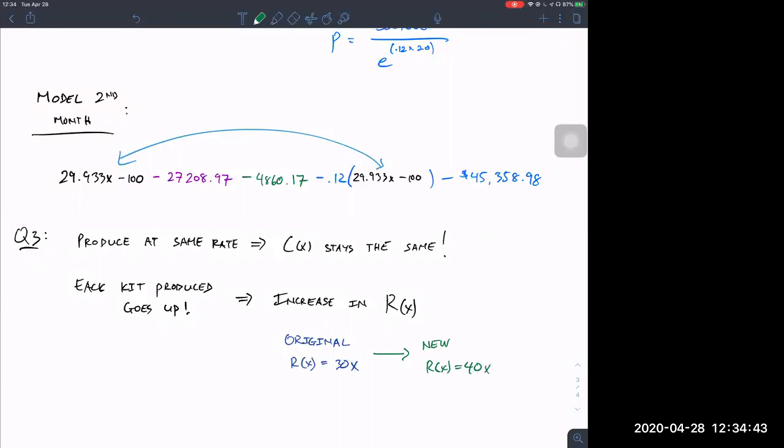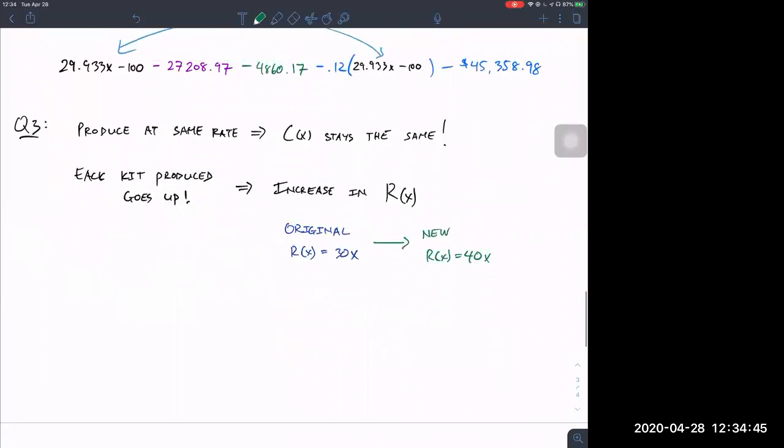And what you're supposed to realize is that if this happens, this also implies a change in the profit function, right? And this is what I was trying to teach. Now you can take the time to do the algebra where you take the new revenue function and subtract the cost function. That works too.